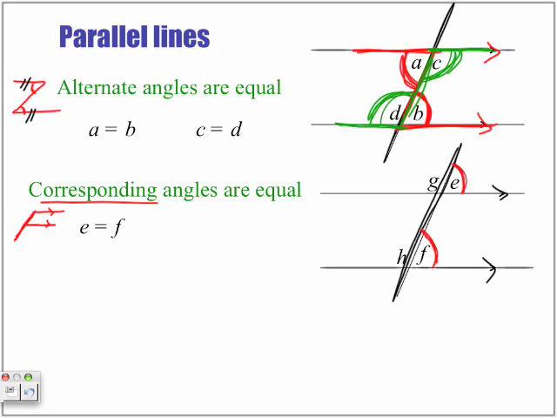So what we have here with this example, angle E and angle F equaling one another, we have an upside down F shape. So here's the F shape. So the inner angles that make up this F shape here are equal to one another.